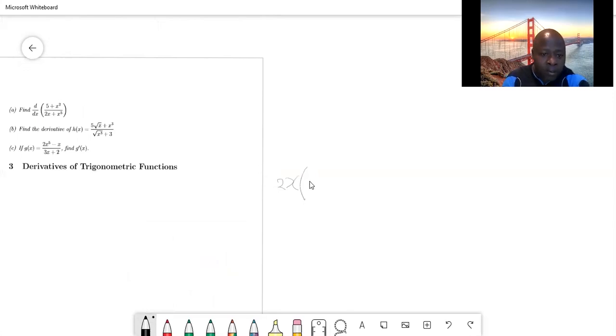Our denominator is 2x plus x raised to 5.